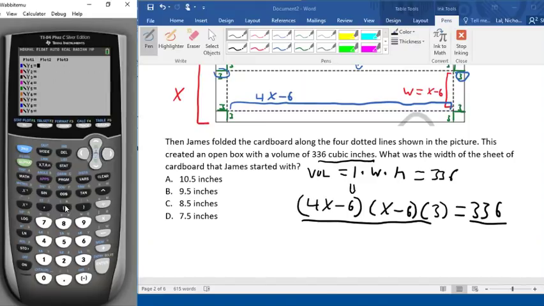One equation is 4x minus 6 times x minus 6 times 3. The other equation is 336.